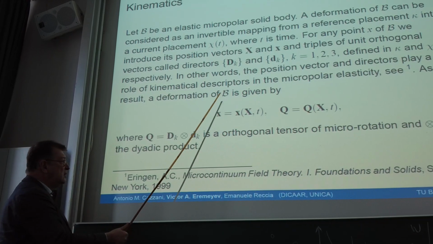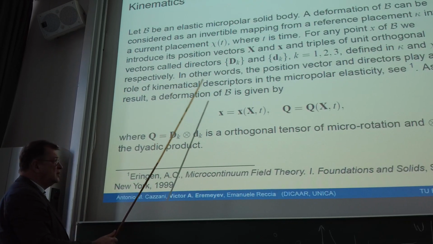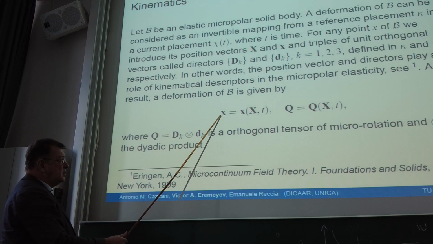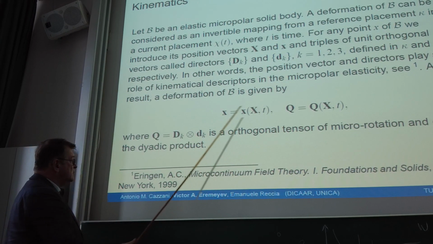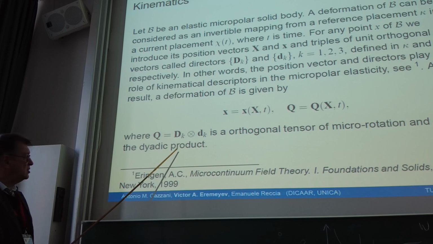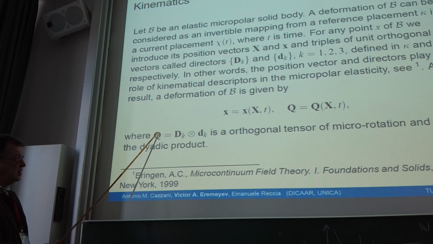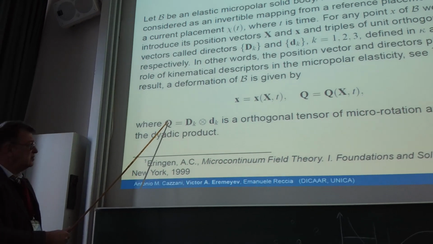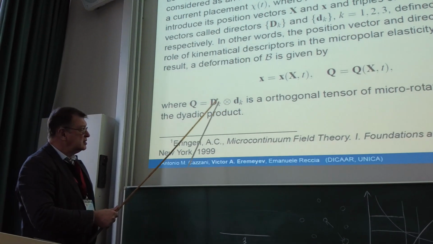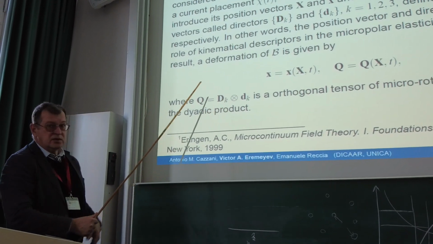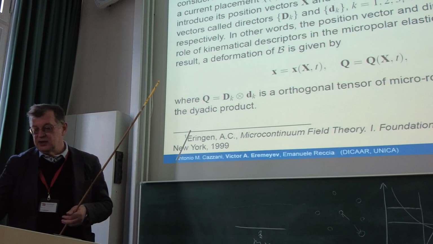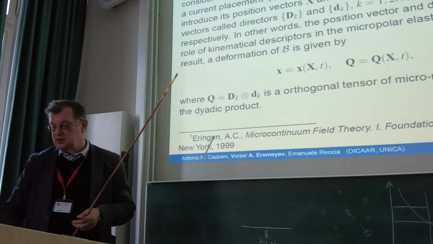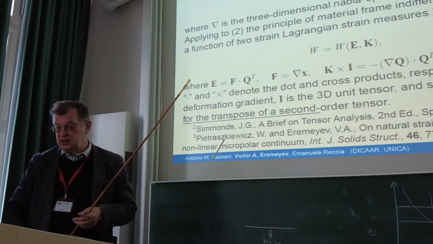So we have two kinematical fields, 2 degrees of freedom related to translations and rotations. And this is a representation using Cheryngen's approach. You can say that this Q is just a sum of the 3 directors in reference and current placements respectively. So we have kinematics.